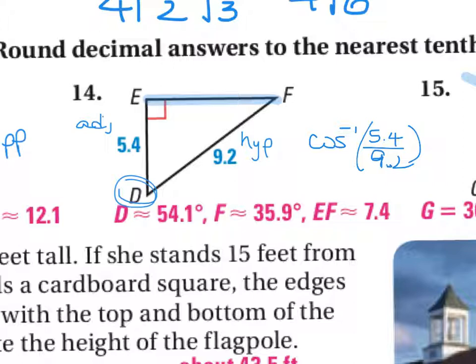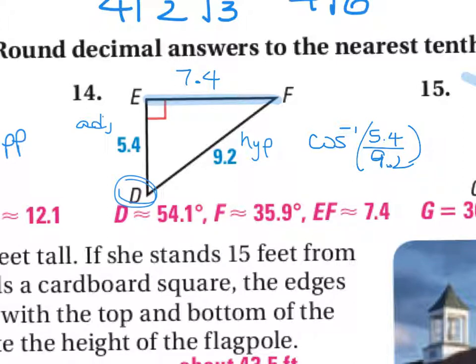Study 7 notes. Yes. Is there different ways that you can find the angle measures? There's different ratios depending on what you found first. Now, I recommend you always go by what's given, okay? Now, let's say we wanted to find D, and let's say we found EF first, and we put 7.4.